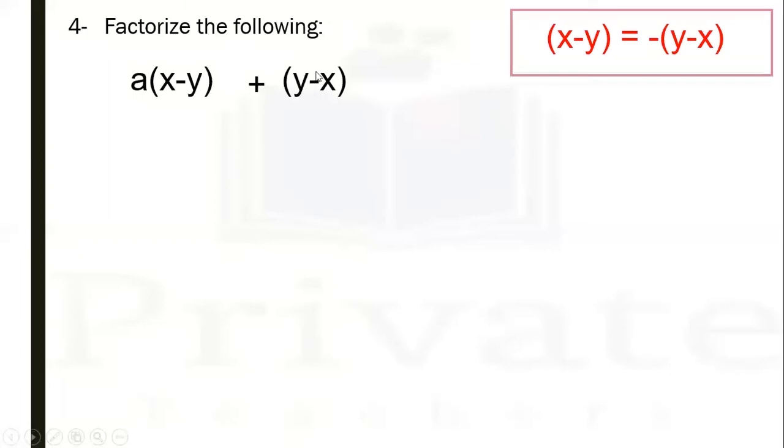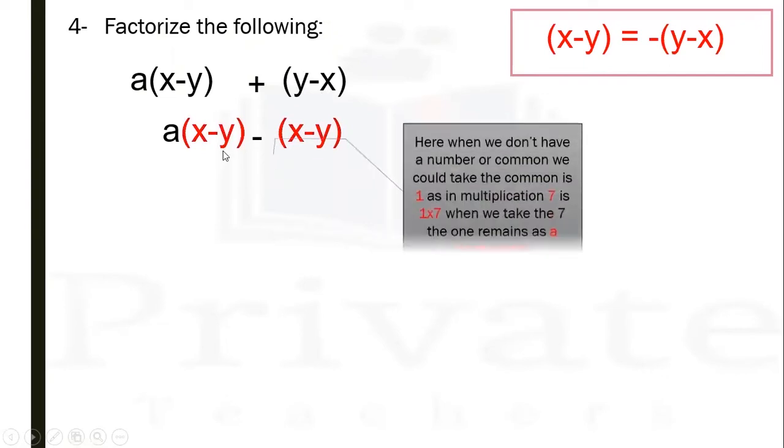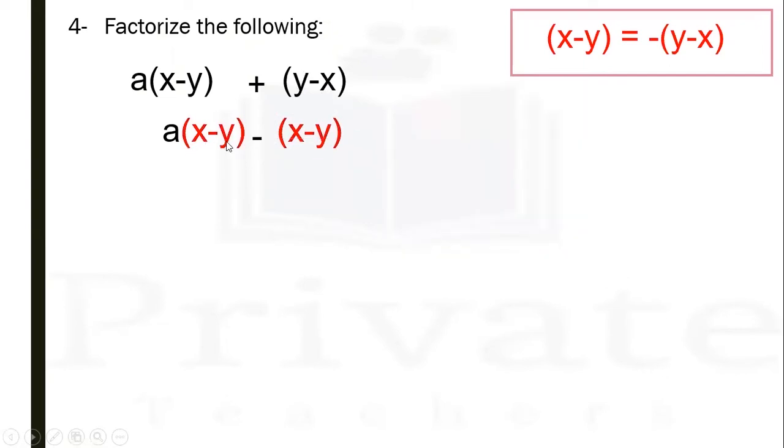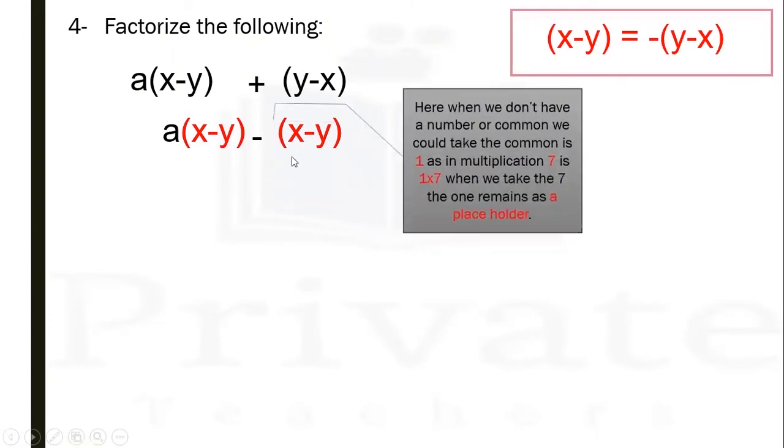Therefore, we should modify this one to make it x minus y. To do that, we have to change the sign here. So now we have x minus y as a common factor, or a common bracket.